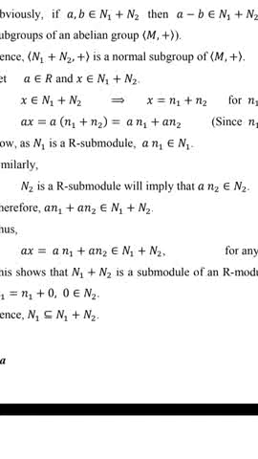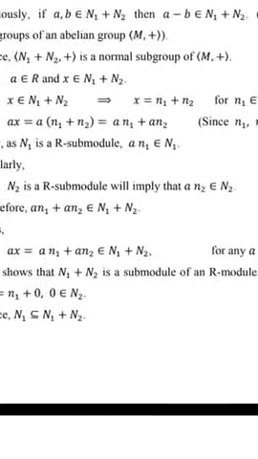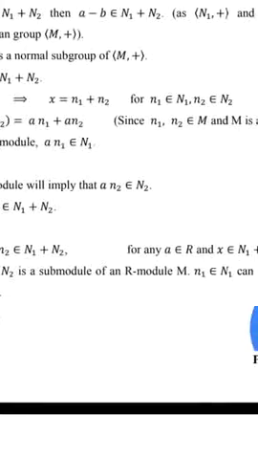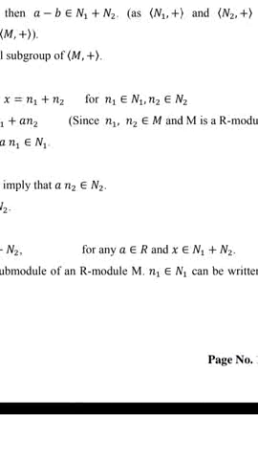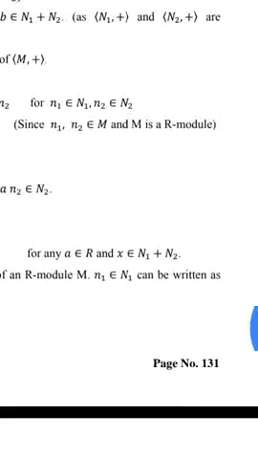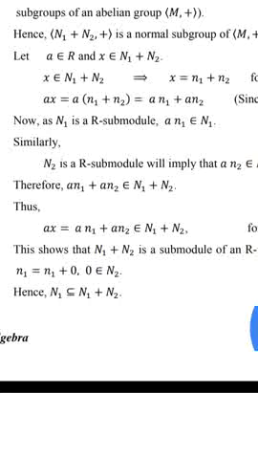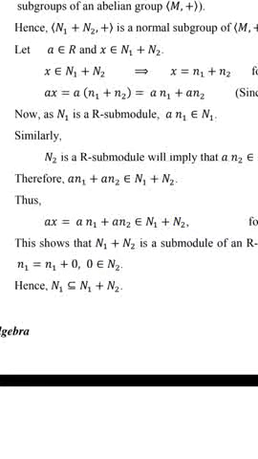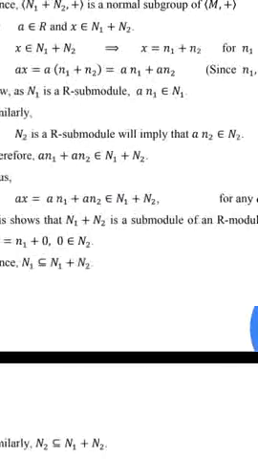Then ax is equal to a(n1 plus n2), which is equal to a n1 plus a n2, since n1, n2 belong to M and M is an R-module. Now, as N1 is an R-submodule, a n1 belongs to N1.